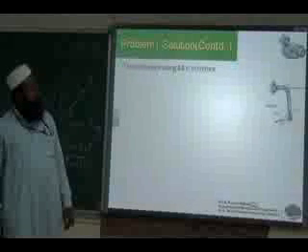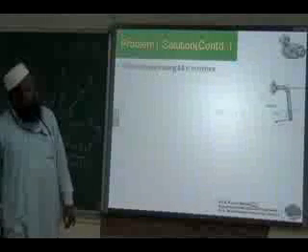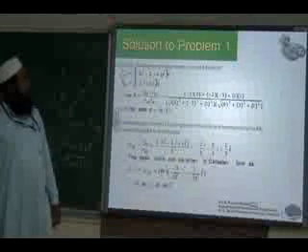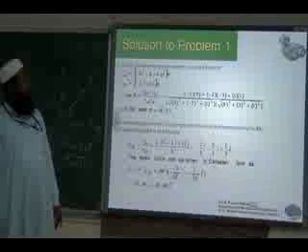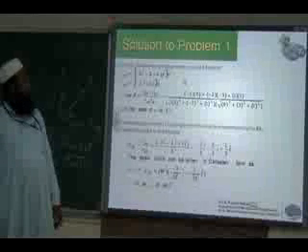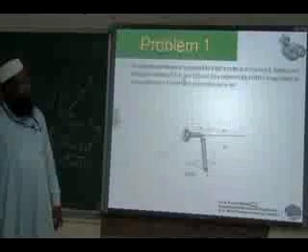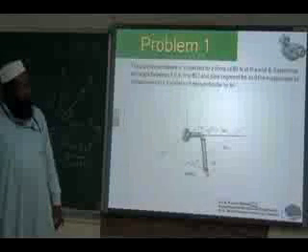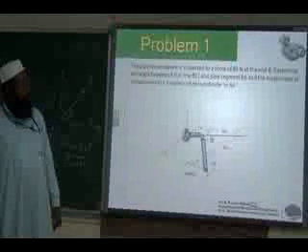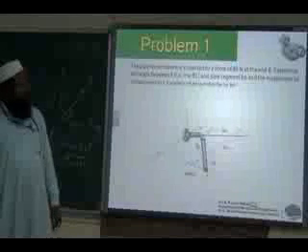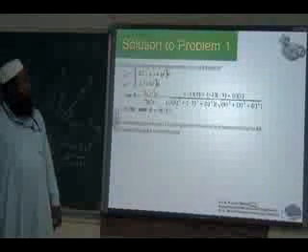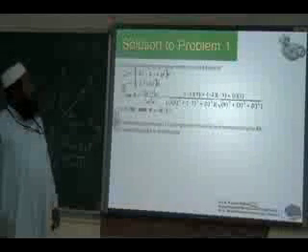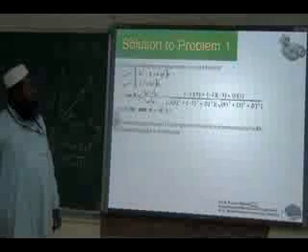So we have to resolve it parallel and perpendicular to AB. First we find the position vector for AB considering the coordinates of points A and B. You are given the dimensions for points A and B, so you can find the coordinates. After getting the coordinates, the position vector is obtained for AB and for BC.